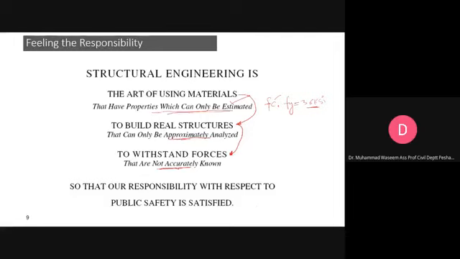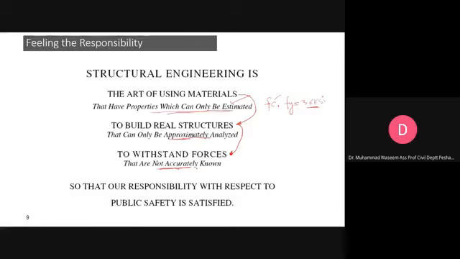The important thing you should note is that in this art of using material, the material properties are only estimated. The analysis techniques we use to analyze our structures are approximate, and the loads which we use are not accurately known. Okay, so we should exercise care.